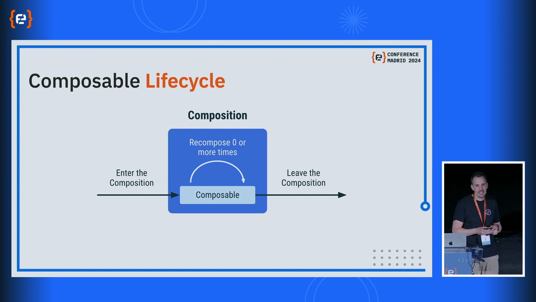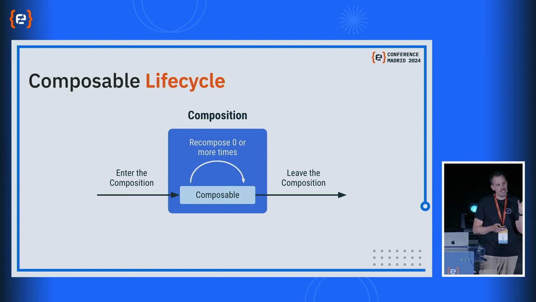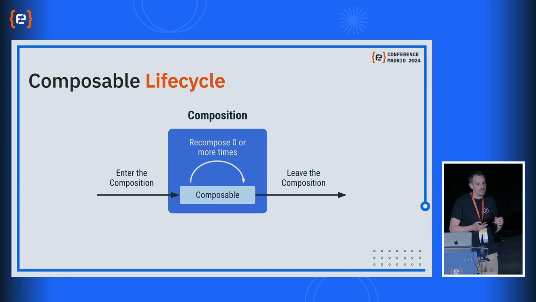And finally, let's say, for instance, that the if now validates as false, then this no longer needs to be in the UI tree and would leave the composition. So this is the composable lifecycle, and we are going to focus on the blue square, which is the recomposition and how and when it recomposes.